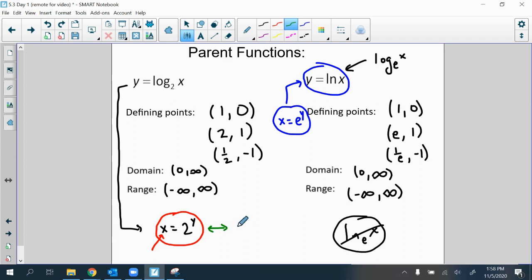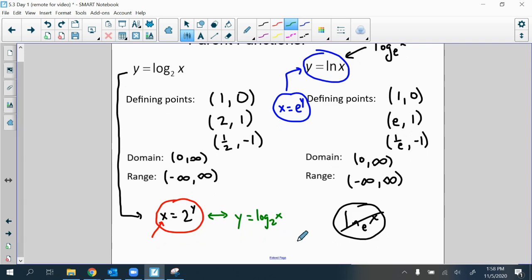These two functions, log base 2 of x equals y and x equals 2 to the y, are not inverses in and of themselves. These actually graph the exact same thing. But the inverse function of a log is an exponential because those kind of go back and forth.